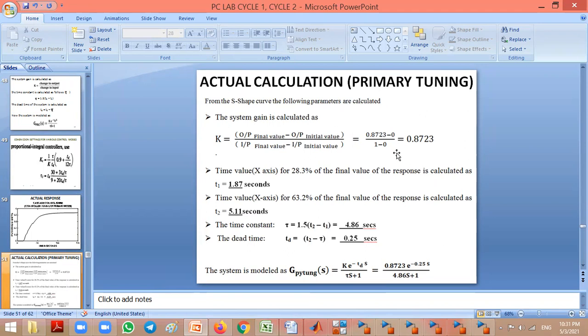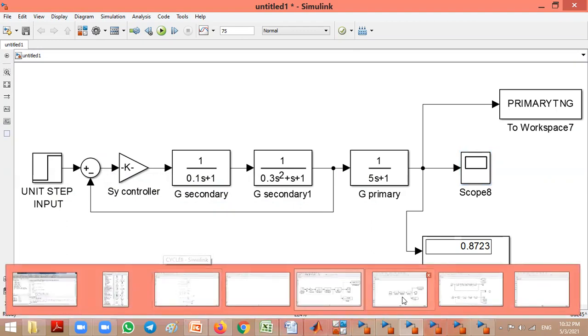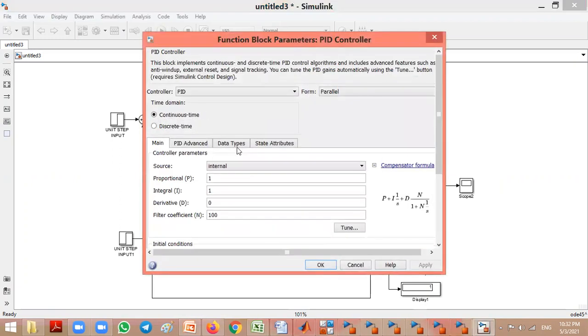Now I think you can understand why we are getting this, because here we have a closed loop, and because of that the value is getting changed. So now you find the primary control tuning and you implement the cascade control. This is the cascade control scheme, in which we have to implement the gain values.